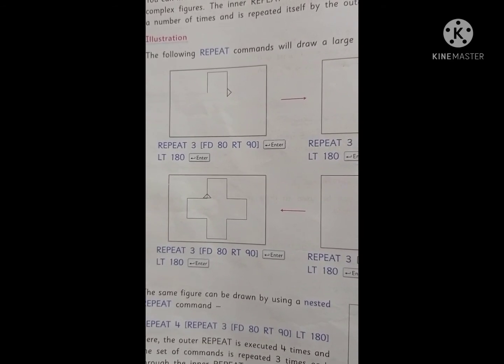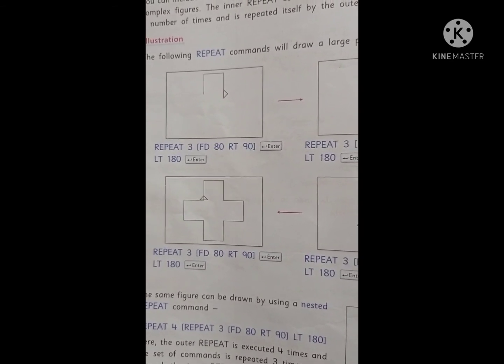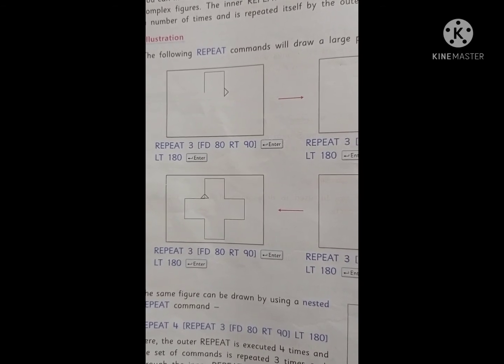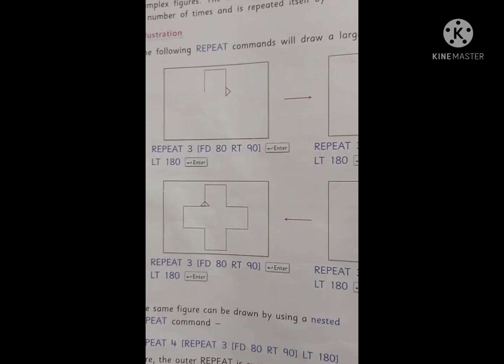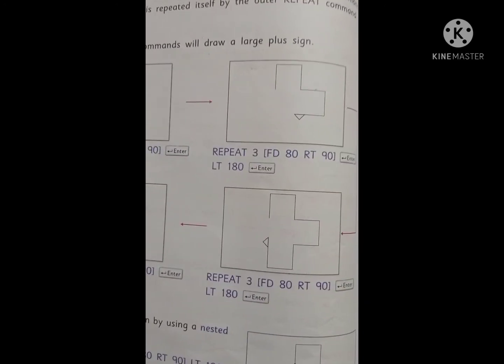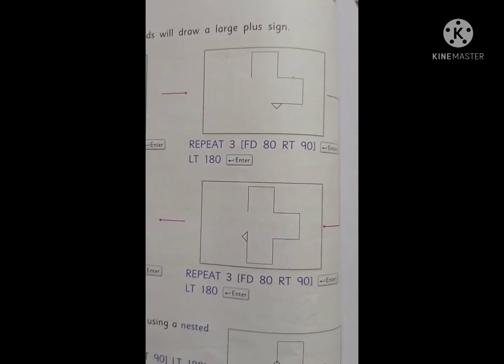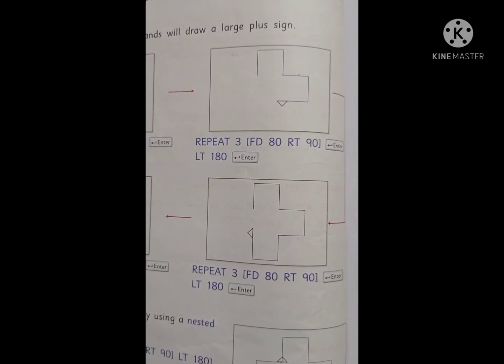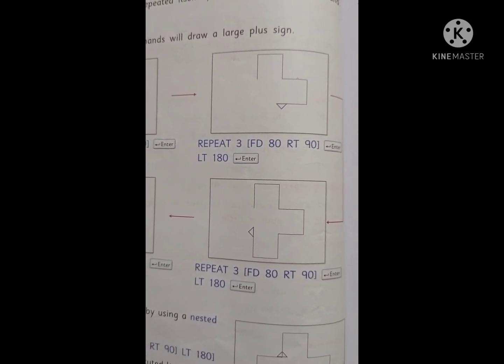After completing that, we turn the turtle 180 degrees to the left side. So we can draw this type of shape. And the same step is repeating here.